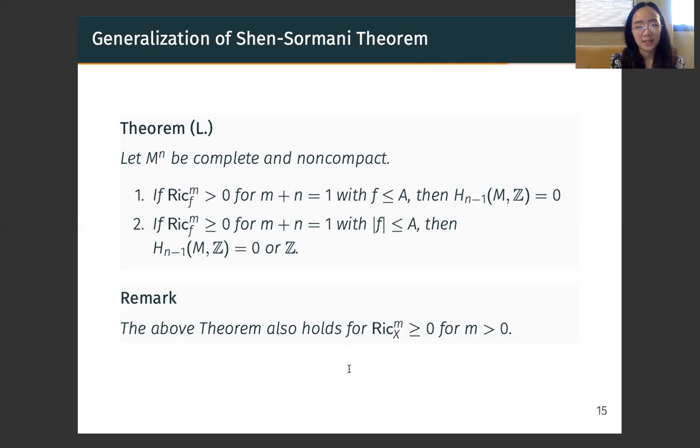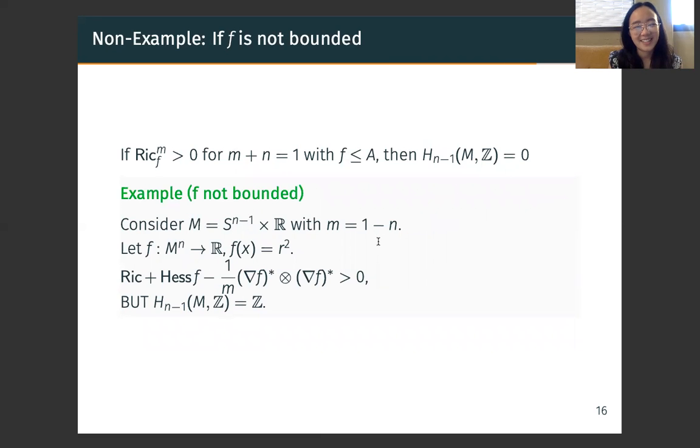So before I move on, one question you might have is, I have this extra assumption here that the function has to be bounded above in the first case, and the function has to be bounded above and below in the second case. So you might ask if this is a necessary assumption. And this slide is saying yes. So here, again, this is just copied over from the last slide. If Ricci f^m is positive for m plus n equals 1 with f bounded above, then the n minus 1 integer homology is 0.